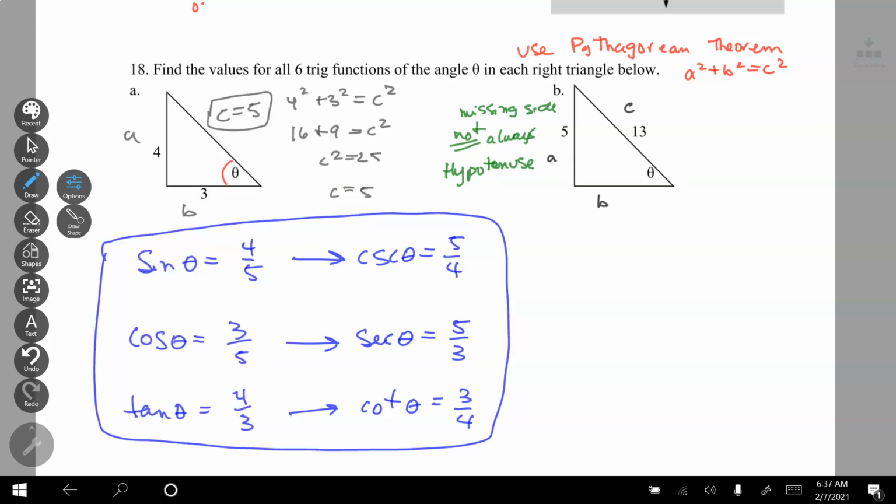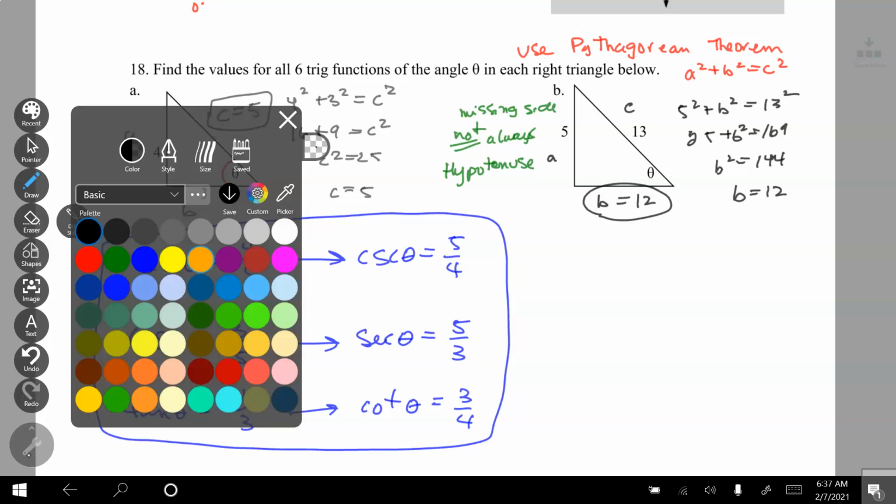I have my C value of 13. So I have 5 squared plus B squared is equal to 13 squared. I'm going to solve for B. B squared is 144, or B is equal to 12. So this missing side is 12. 5, 12, 13 is another nice little right triangle.